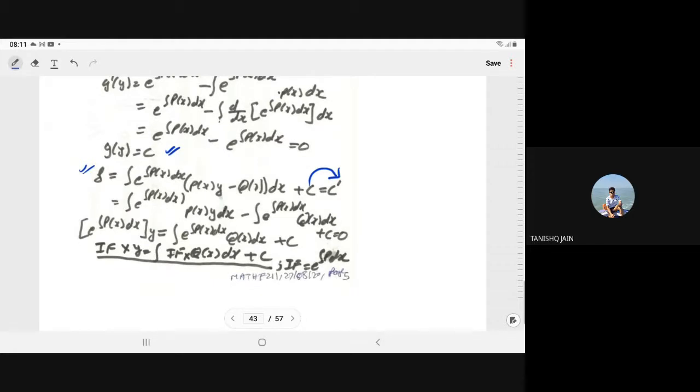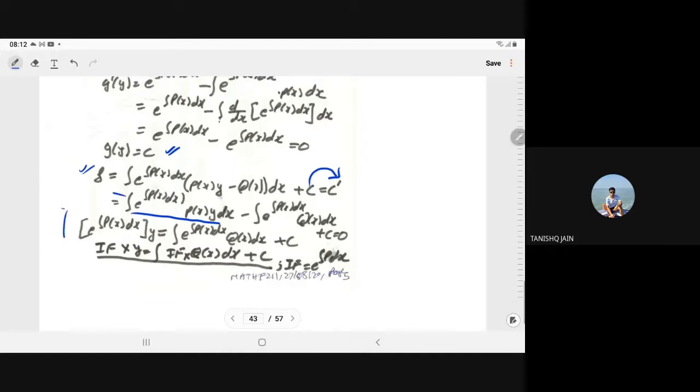So this can be written as integral e to power integral P(x) dx into P(x)y minus integral e to power P(x) dx Q(x) dx plus c is equal to 0. And we know that the solution we generally write is equal to c. So if you bring this on the other side, so here we have the e to power integral P(x) dx into y is equal to integral e to power P(x) dx into Q(x) plus c. So that is our solution.